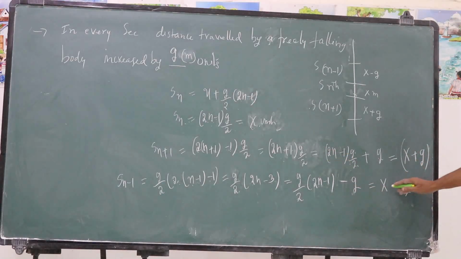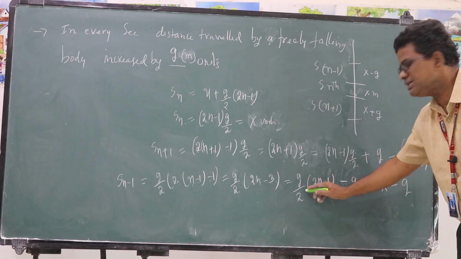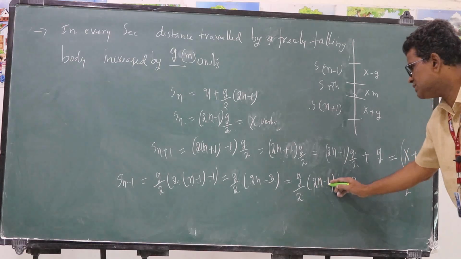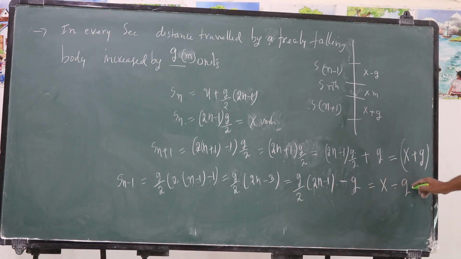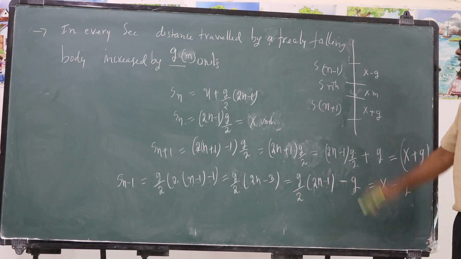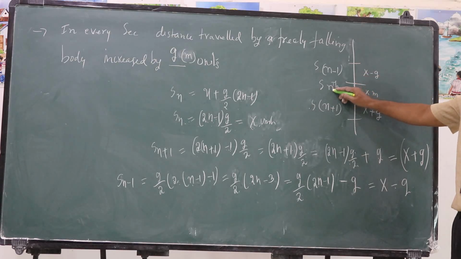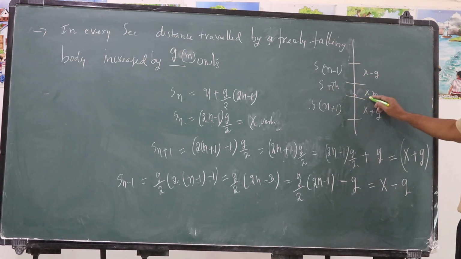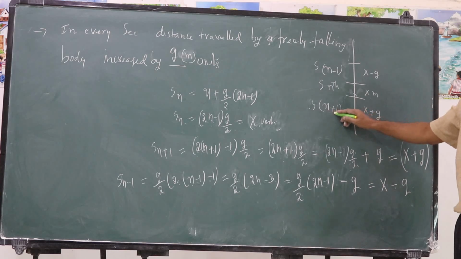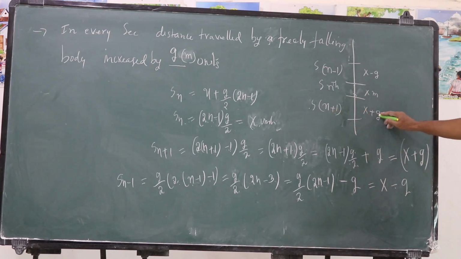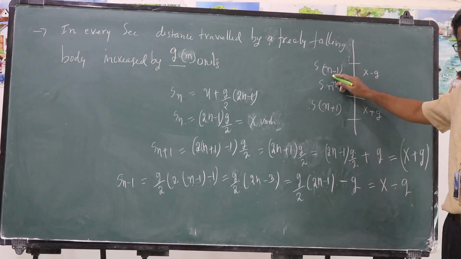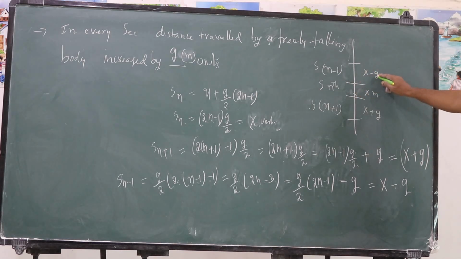Why we have written it like this: g by 2 into 2n minus 1 makes x units. So what is the conclusion? If the distance traveled in the nth second is x units, then the distance traveled in the n plus 1th second is x plus g, and one second before, it is x minus g.